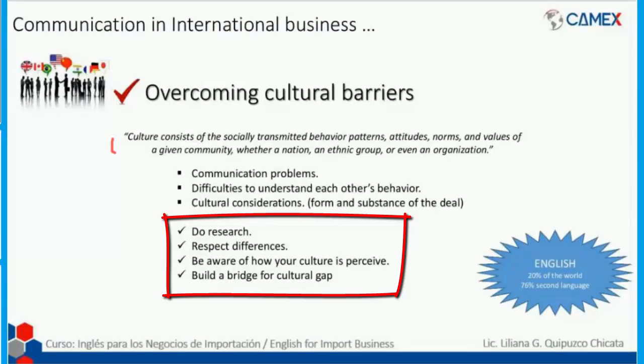Another one is to respect the differences. Always, in order to overcome cultural barriers, you have to respect. You may not agree, you may not like, but you have to respect.